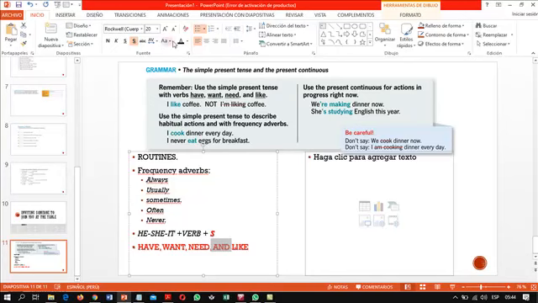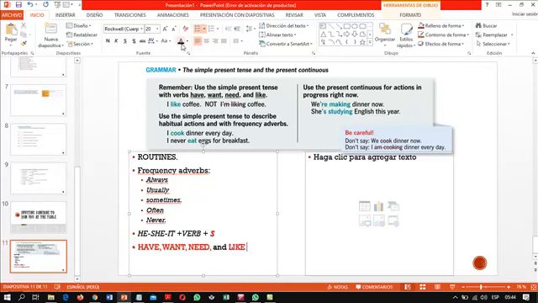So want, need, and like are not going to be used in present continuous. So we cannot say I am wanting a new book. I am liking this movie, right?